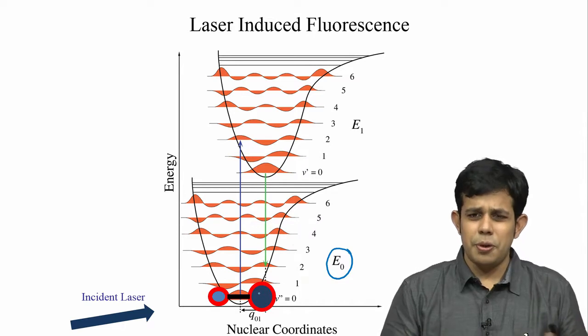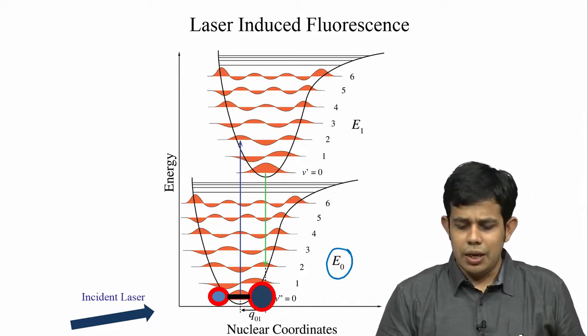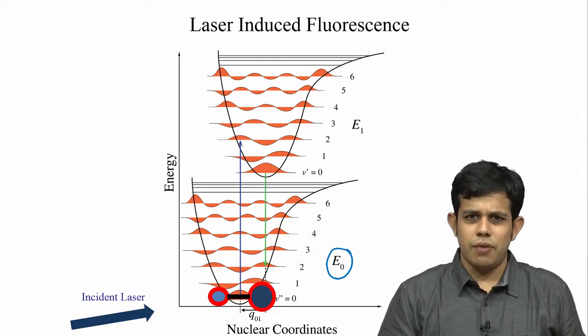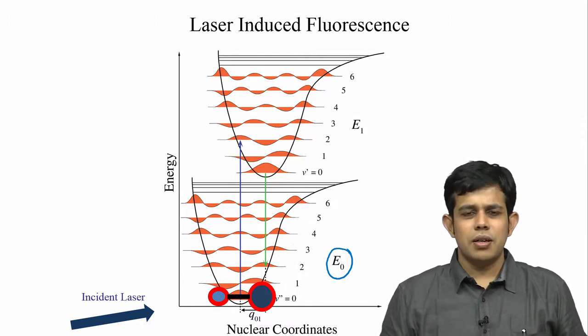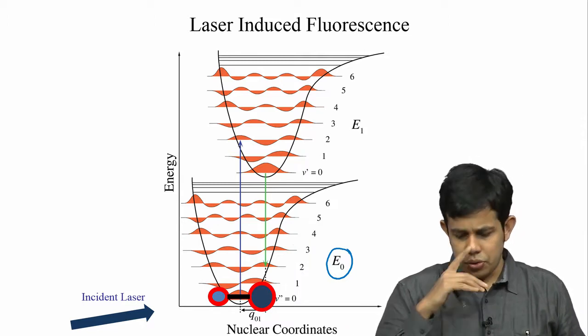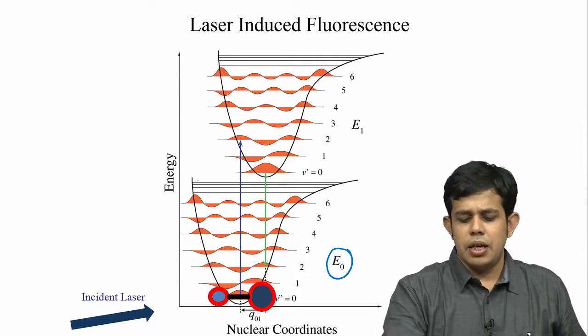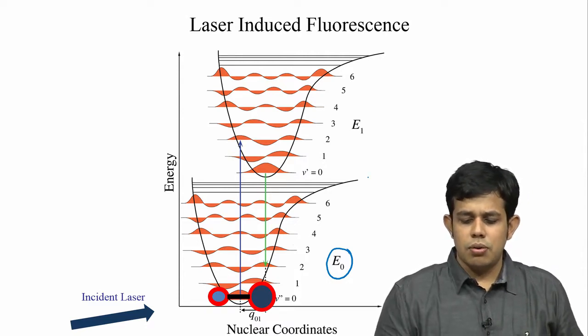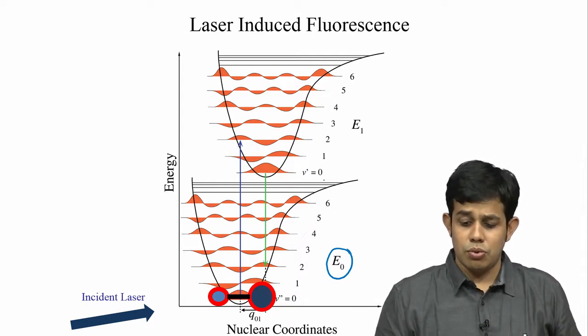This will involve a little bit of terms from quantum mechanics. I am just using them here for the sake of completeness, and in a very simplified manner I will try to introduce what is laser induced fluorescence. Please bear with me.